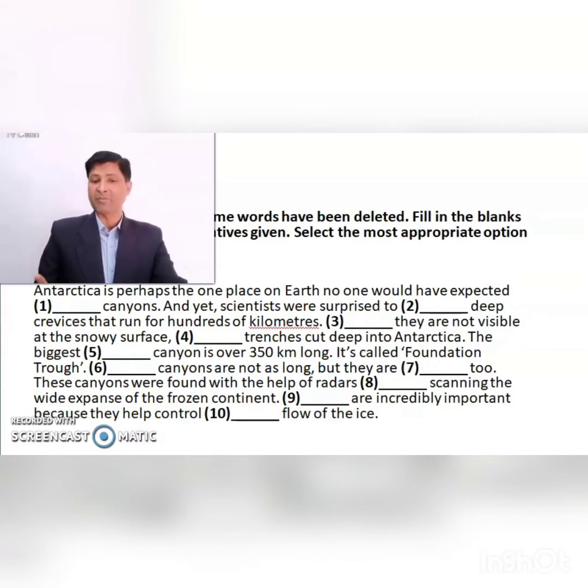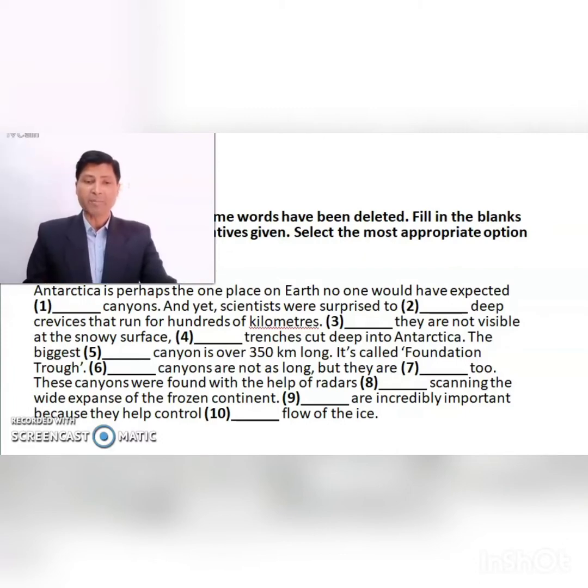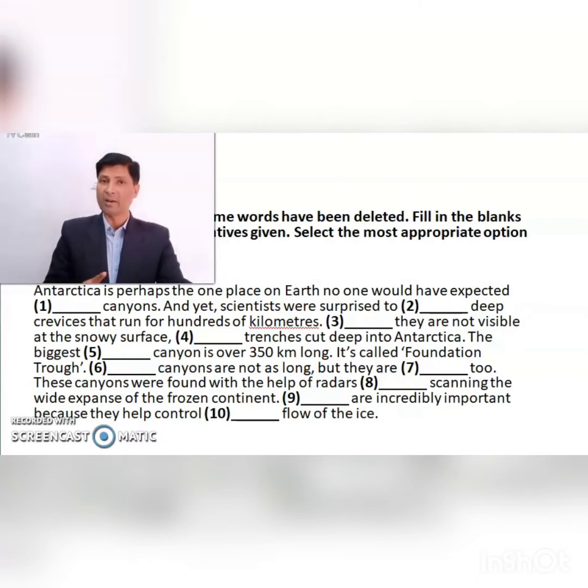Here, blank space number 9, there must be a subject, because just after the blank space, there is a verb. So again, this question has been framed on pattern of grammar. So incredibly important because they help control flow of the ice. So here flow word is a noun, there must be some adjective or an article.